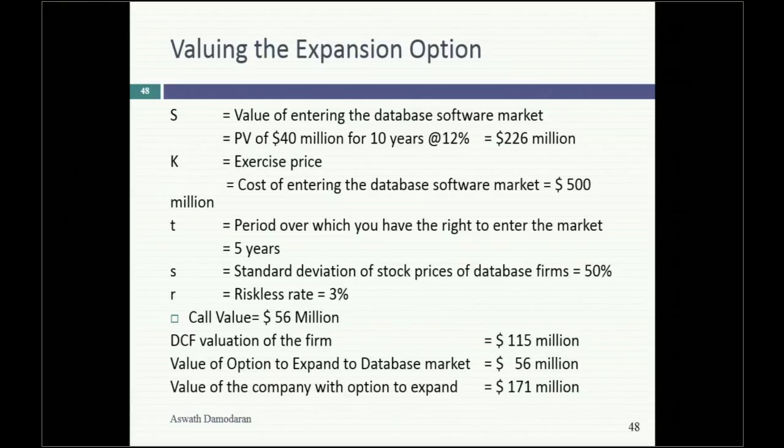The strike price becomes the 500 million it will cost me to do the expansion. So it's an out-of-the-money option, 226 versus 500. I have 5 years over which I can make this decision, and the standard deviation is 50%. Plug in the numbers: d1, d2, N(d1), N(d2). I get a value for the call option of 56 million.